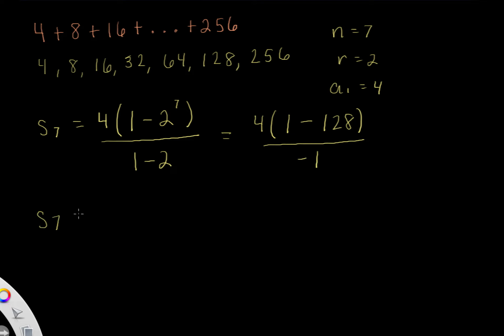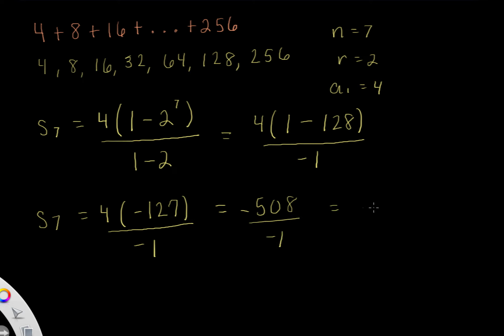So the sum of those 7 terms is 4 times negative 127 divided by negative 1. 4 times negative 127 is negative 508 divided by negative 1 is 508. So the sum of those terms is 508.